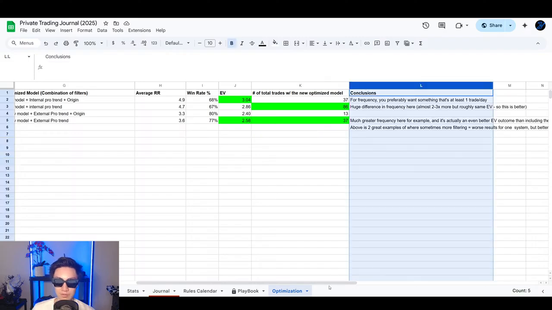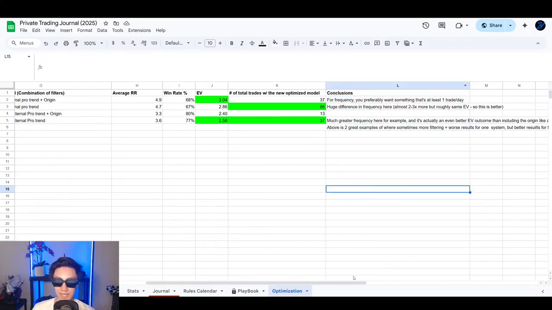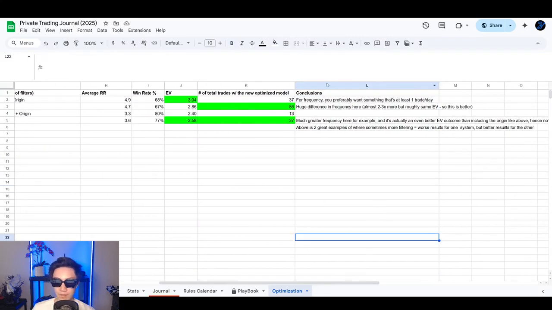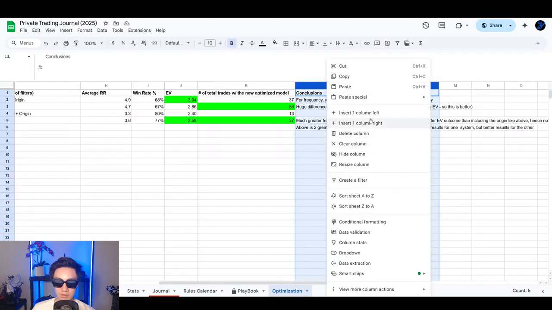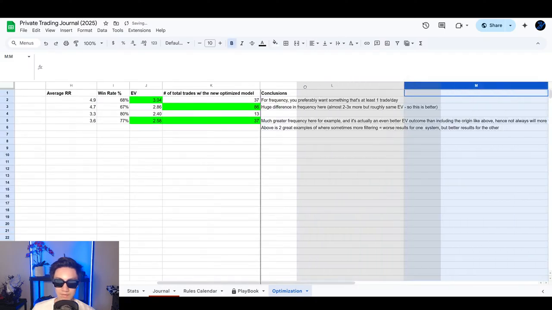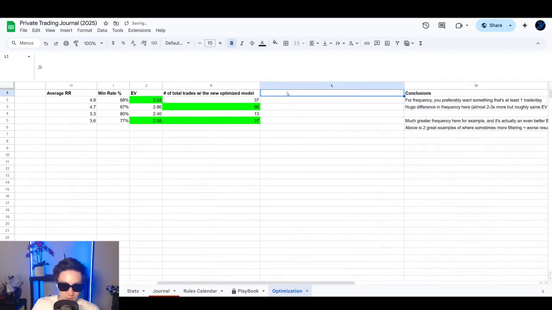If you want to talk about net return, I'm not entirely sure if my calculation here is going to be correct, but let me insert one column to the right or to the left. What would this be called in statistics? Net return? I think it's just net risk reward return. I'm not entirely sure. Let me check.